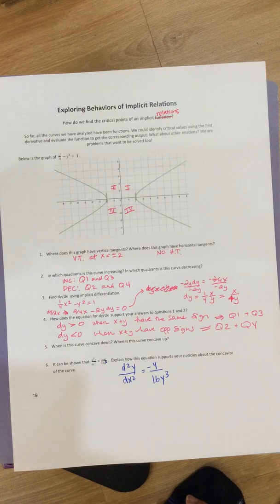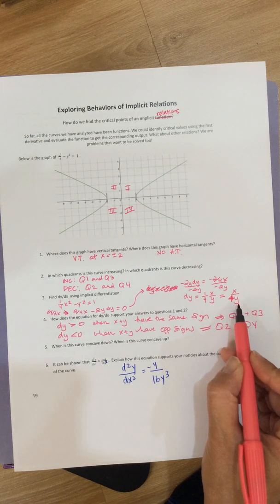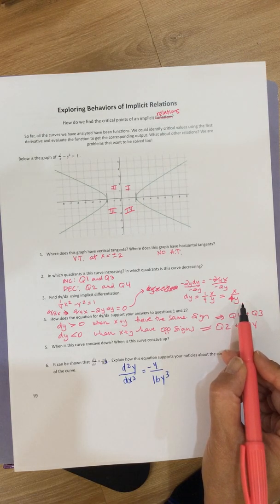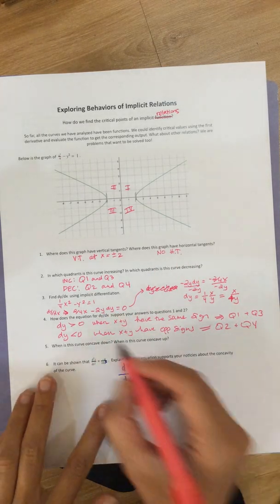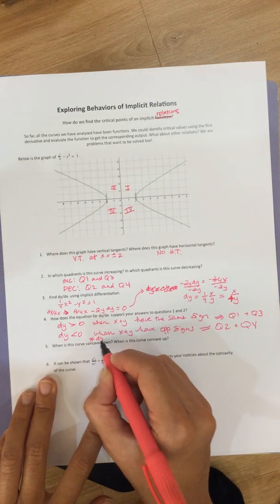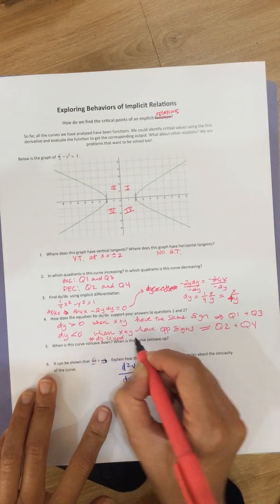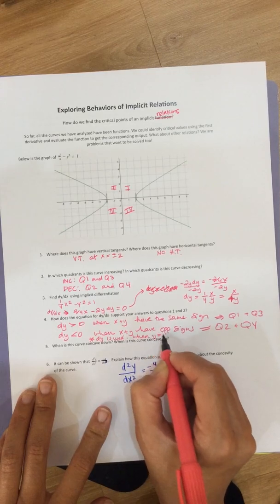So we proved that there. And just remember that dy/dx is undefined when y is 0, because of this y on the bottom. And when y is 0, x is equal to positive or negative 2. So you might want to write a note here that dy/dx is undefined when y equals 0.